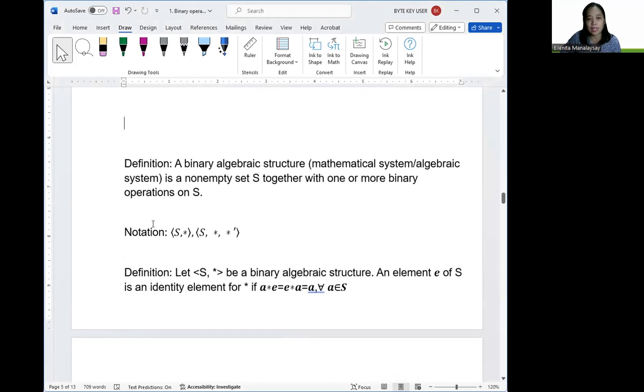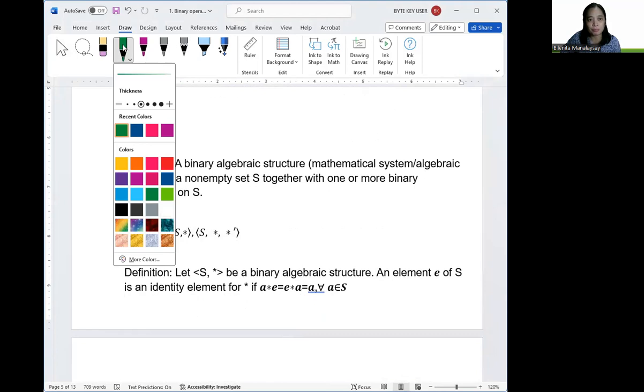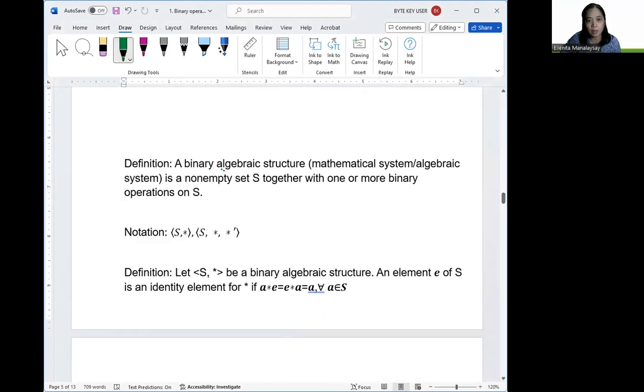Next, we define a binary algebraic structure, or a mathematical system or algebraic system, to be a non-empty set S together with one or more binary operations on S. So we can denote this using this notation.